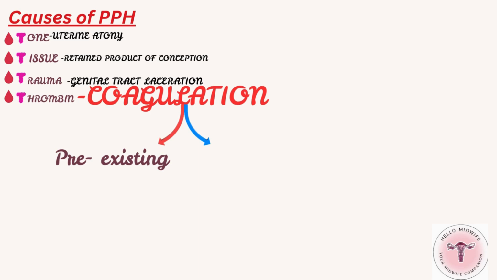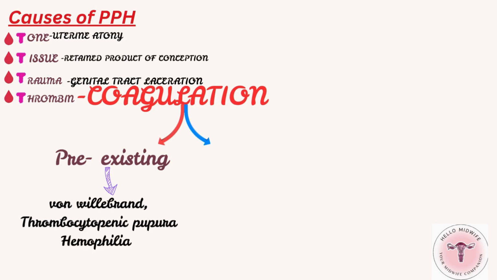Pre-existing causes that could contribute to PPH include von Willebrand disease or idiopathic thrombocytopenic purpura. Acquired coagulopathies during pregnancy and labor include disseminated intravascular coagulation, which is DIC, that is secondary to other obstetric emergencies such as placental rupture, preeclampsia, amniotic fluid embolism, or sepsis.